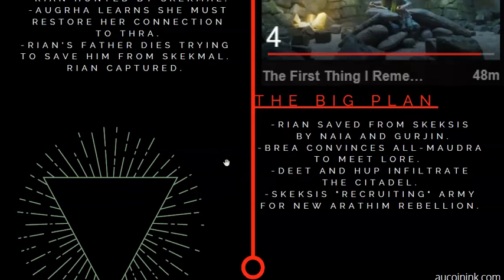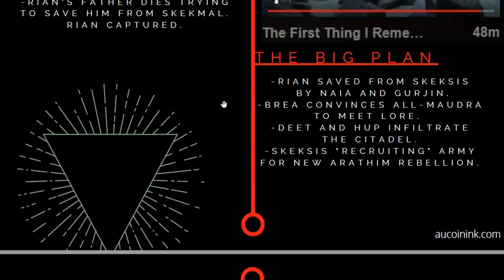Deet and Hup infiltrate the Citadel because Deet's trying to talk to the Almadra, but her status as a Grottan means she's looked down upon a lot by other Gelfling clans.